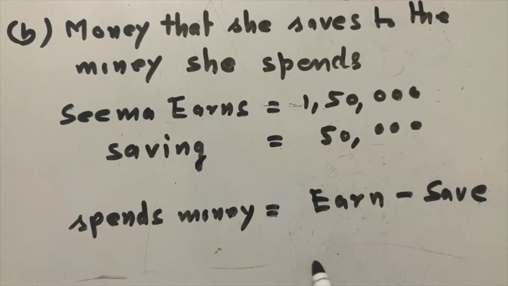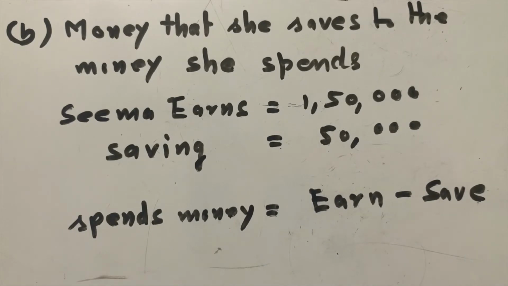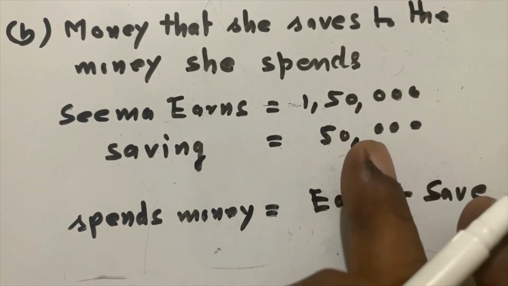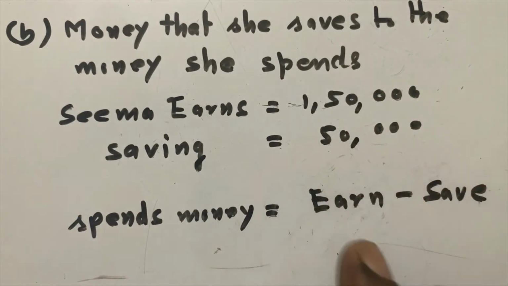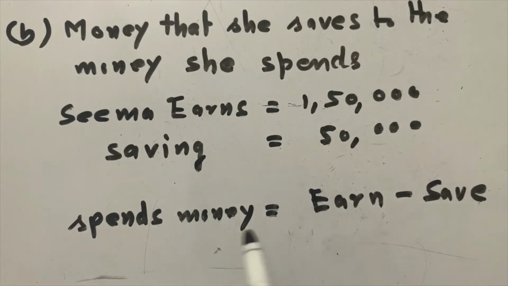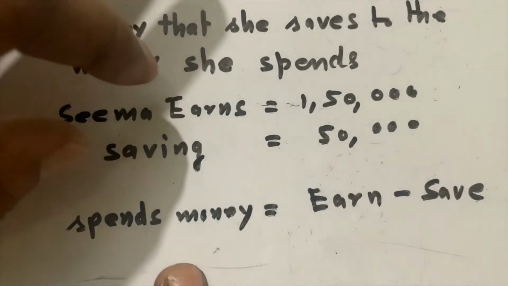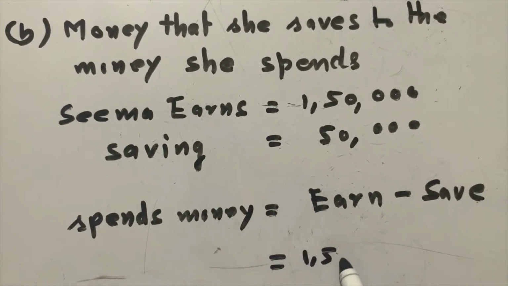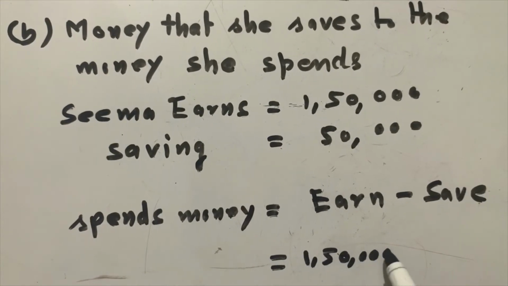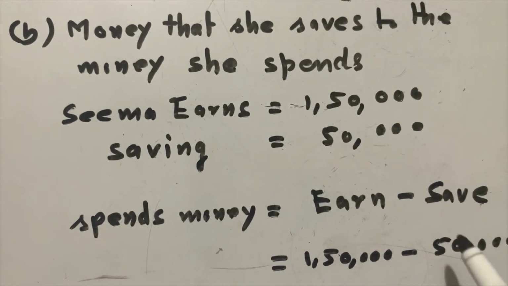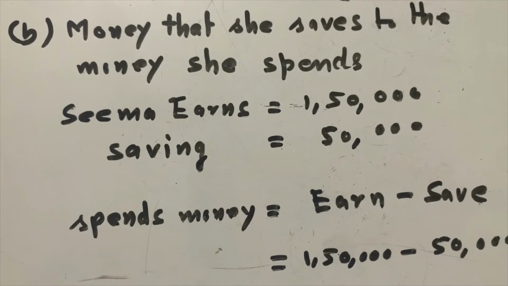Total money she earns is 150,000 and saving is 50,000. Then how much she spends? तो कितना खर्च करते हैं? टोटल अर्निंग माइनस सेविंग. टोटल अर्न कितना है? 1,50,000 माइनस सेविंग कितनी? 50,000. 150 माइनस 50, 1 लाख.